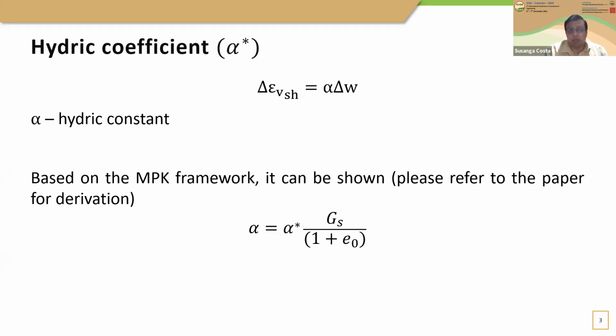This is similar to the heat flow analysis, as most of you are familiar with. Here, delta epsilon SH is the shrinkage strain change, and delta W is the moisture content change. So hydric constant alpha is the proportionality constant.